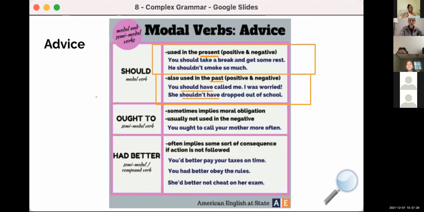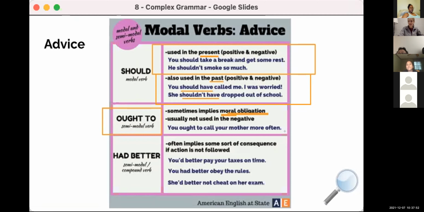To give advice, we also use the modal ought to. This one is a little bit less common. I think in American English especially, it is usually used in very formal situations or very serious situations.